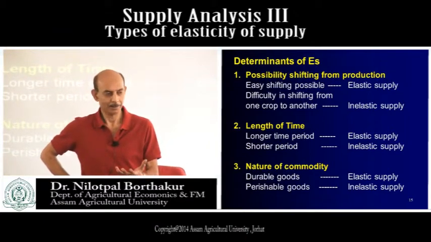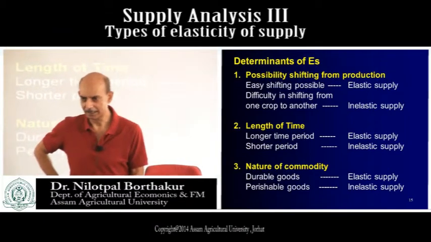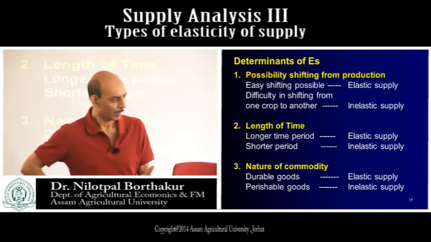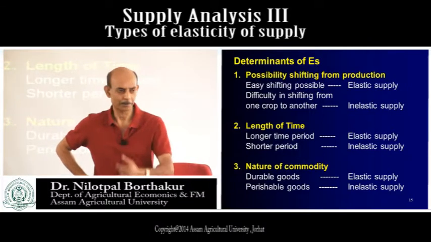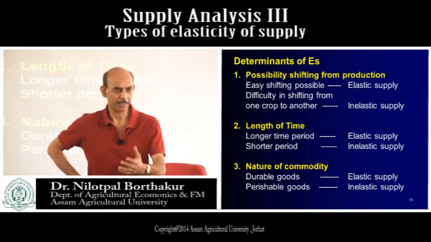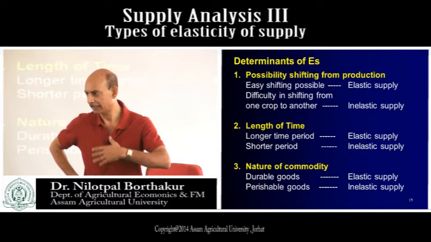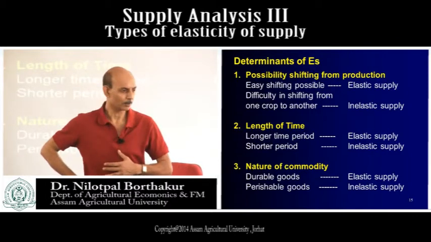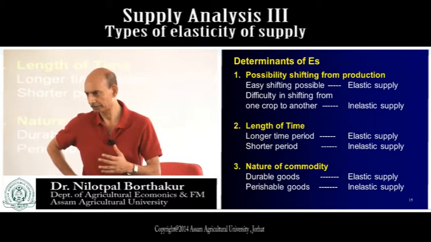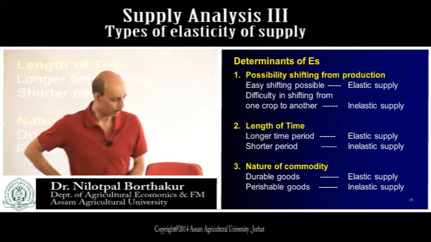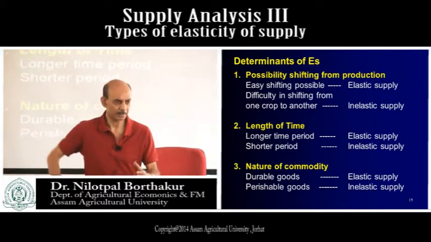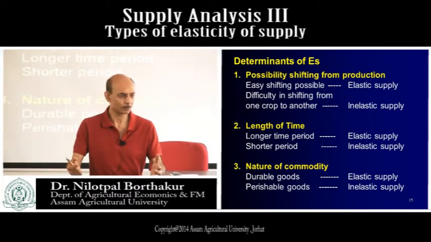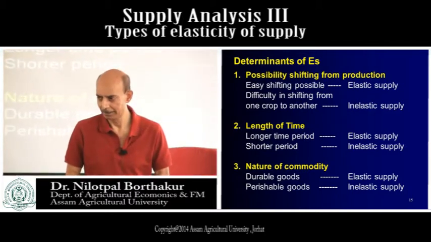Producers or suppliers, they produce and make goods available in the market according to the price situation. If price is high, sellers sell more, producers also produce more. If the price comes down, they curtail production, and sellers ultimately make less goods available in the market.